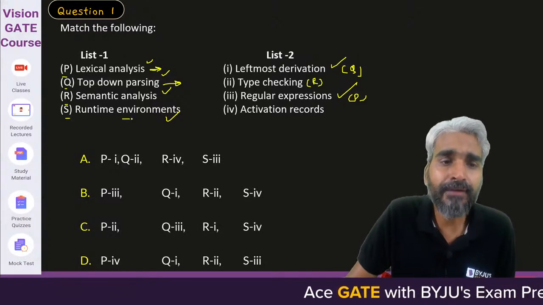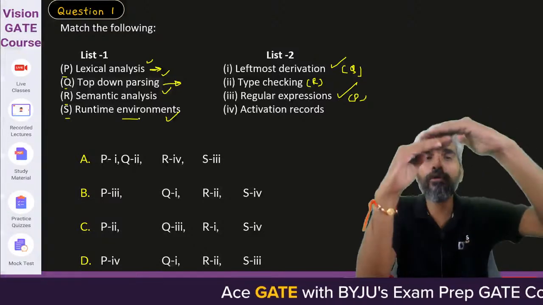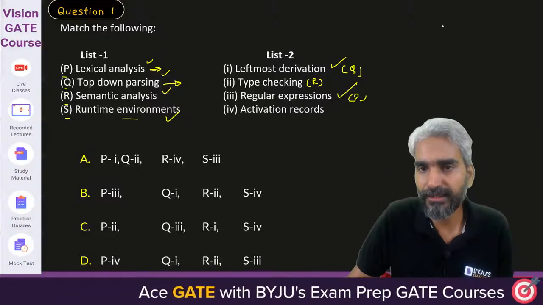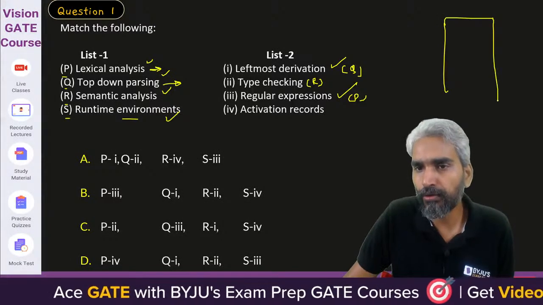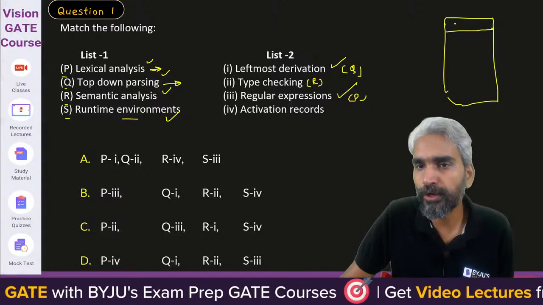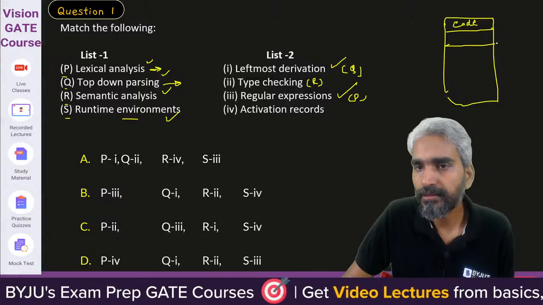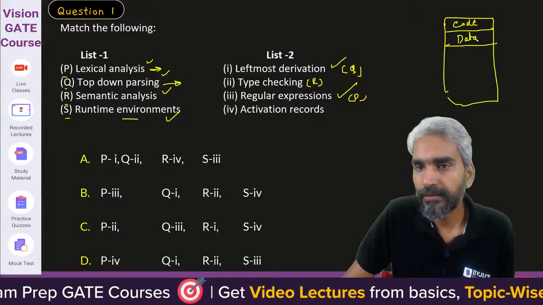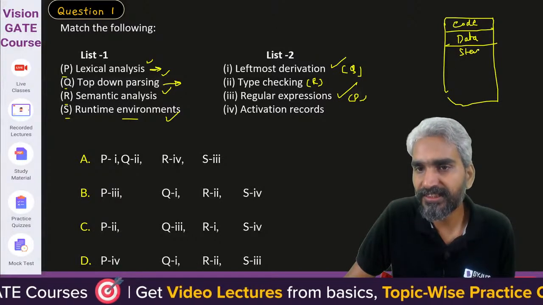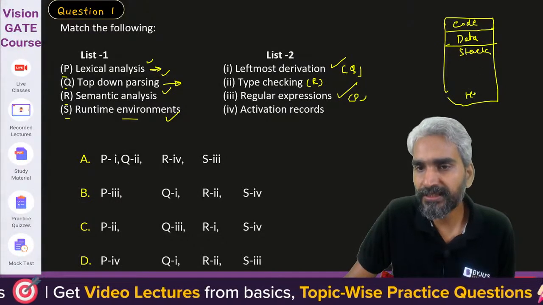And runtime environment. In the runtime environment, the overall memory space is divided into code area, data, some space for the stack, and some space for the heap.